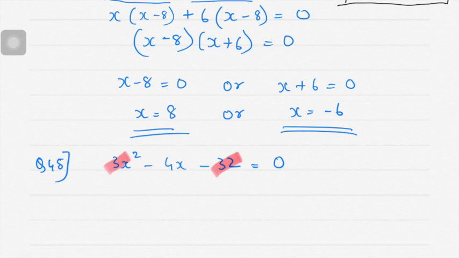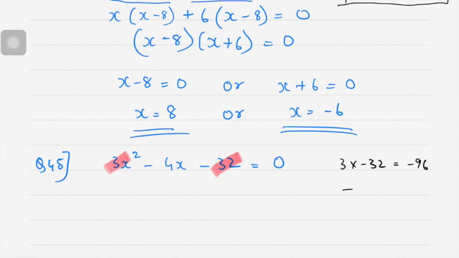So what you will do, you will multiply this 3 and minus 32. 3 into minus 32 is how much?